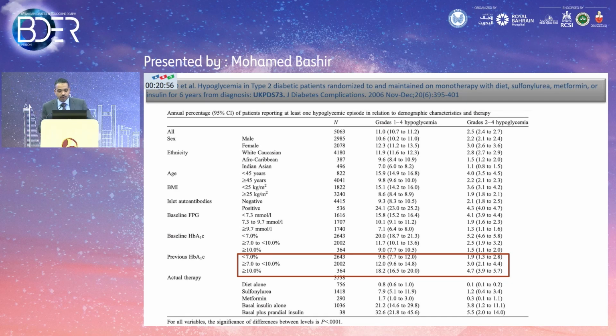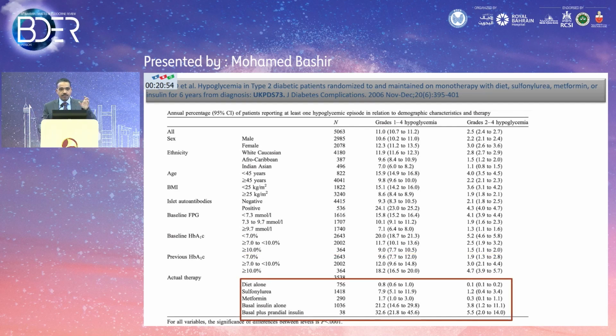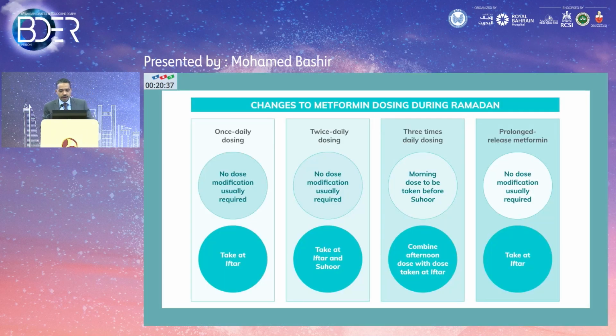But when you look at the numbers for metformin, talking about a duration of about 6 years, the rate of hypoglycemia in the metformin group is the lowest. However, if hypoglycemia is going to happen, it's going to be mostly in those patients that I just mentioned are at high risk of hypoglycemia.